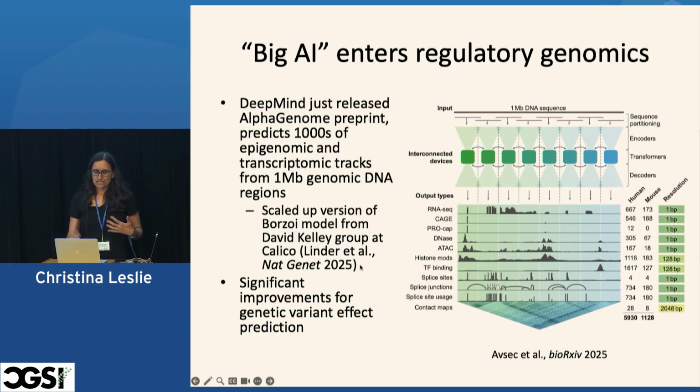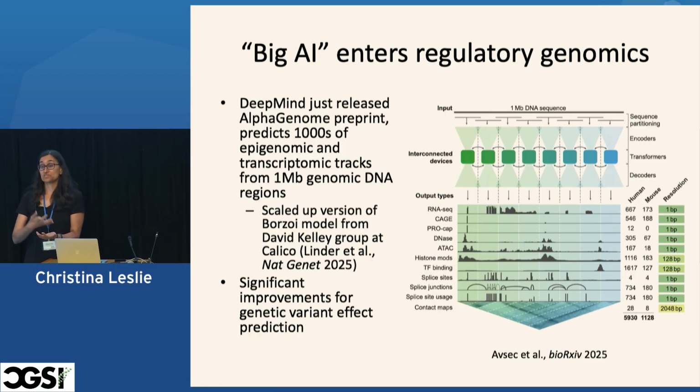And in terms of architecture, it's sort of a scaled-up version of the Borzoi model from David Kelly's group, okay? But it is based on their reported benchmarking. It seems to be giving improved performance for variant effect prediction.